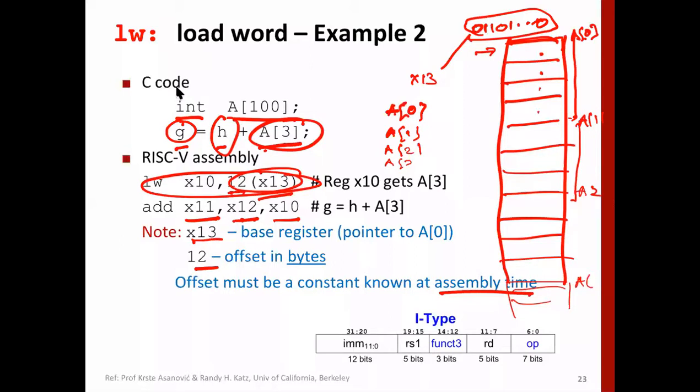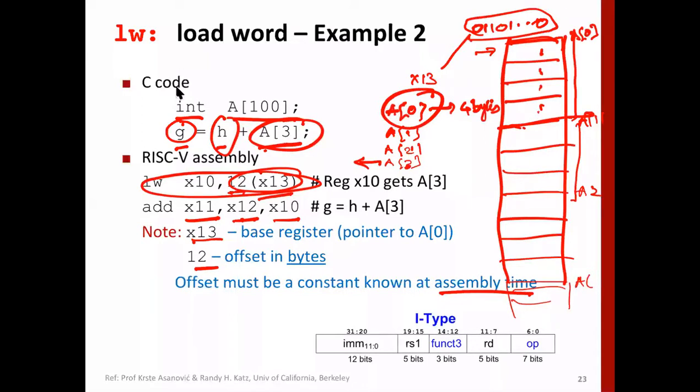Okay, 12, right? Basically, we are reading the fourth element of the array. An array always starts with 0, right? So the 0th element, first element, second element, third element we want to read. And each array element is an integer coded in 32 bits, actually 4 bytes. So A0 will start from here and occupy 4 bytes.